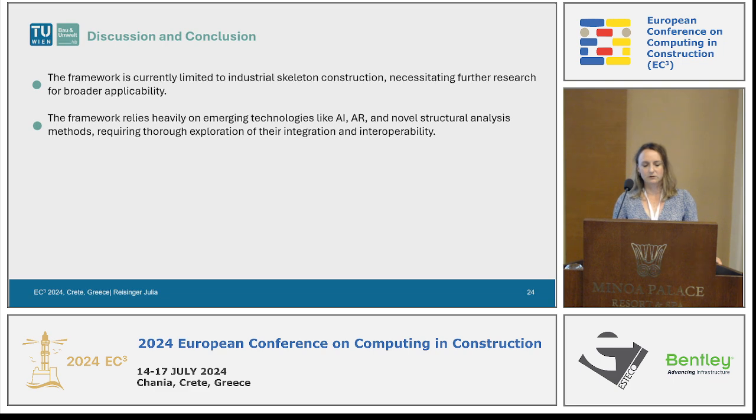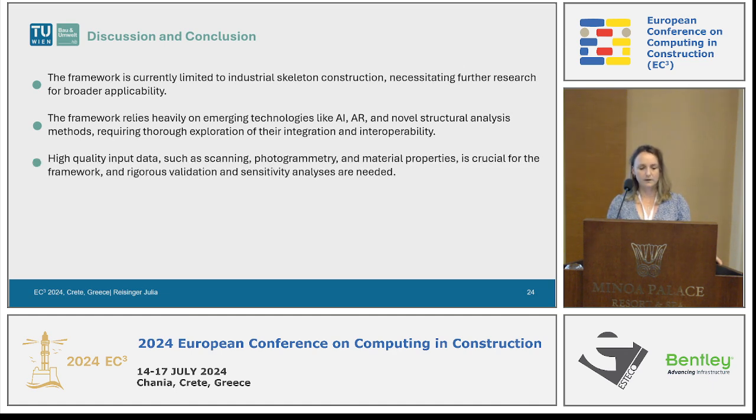So we really need to explore during the process, by doing that with industry together, how they can really be integrated into current design processes that are really relevant for the market, and the interoperability to existing systems. And we really need a very high quality of this input data for our algorithms. So during the process we will be very, very rigorous in validation and sensitivity analysis.